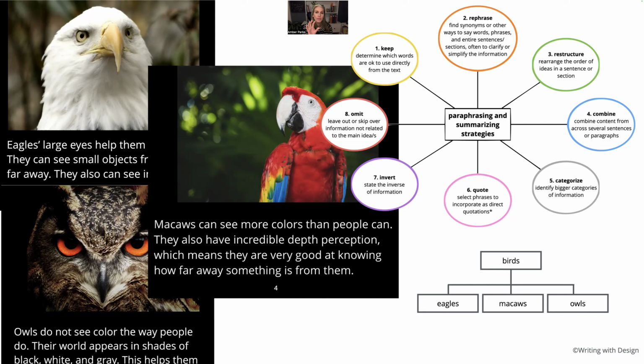Of shrinking down, of getting to more of an essence, not all of the details. So birds would be a great category to pull together to find some kind of information we can share at that level rather than just individually at eagles, owls, and macaws. That's going further on the spectrum into more of the summarizing skill set.